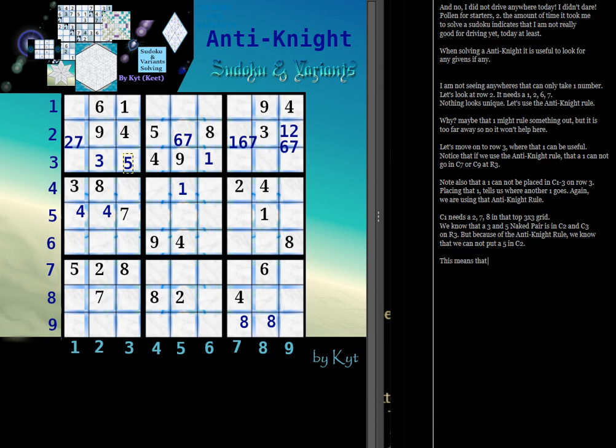This means that column 2 gets the 3 and column 3 gets the 5. This leaves only the 2, 7, 8 left.